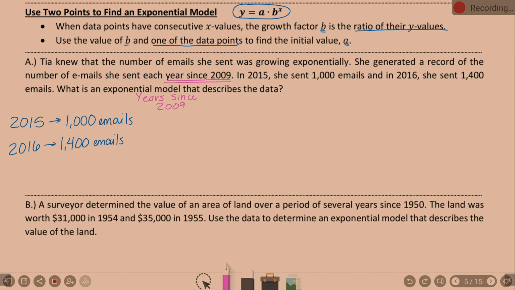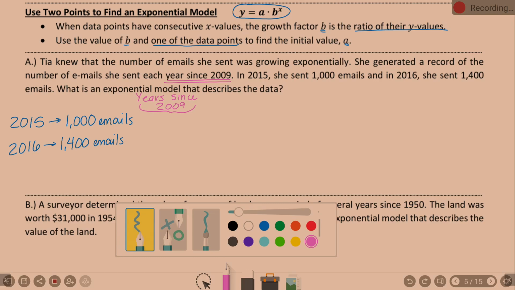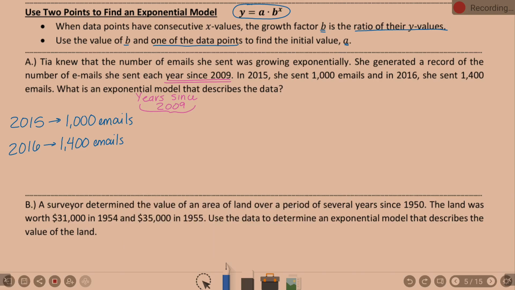So 2015 is how many years since 2009? 6. So 6 years since 2009, and how many emails did she send that year? 1,000. So one of our ordered pairs is going to be 6, 1,000.